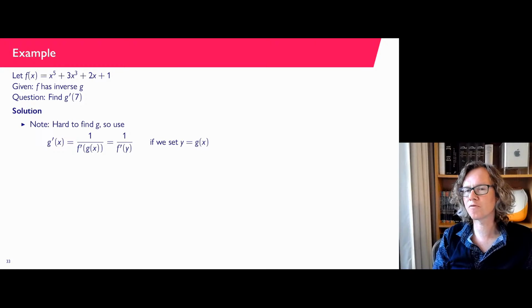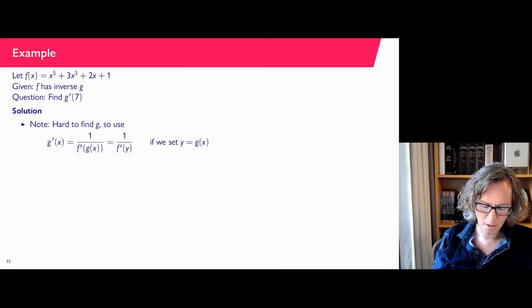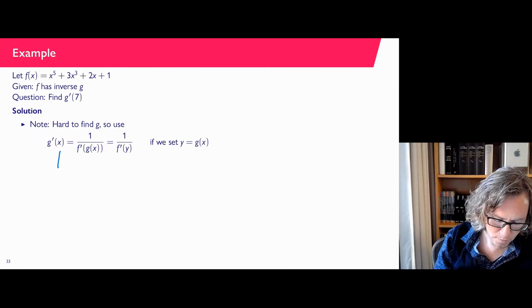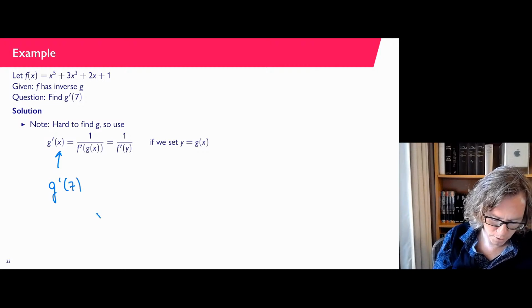This is just copied from the previous slide. Now, I am being asked for g prime at 7, so x should equal 7.